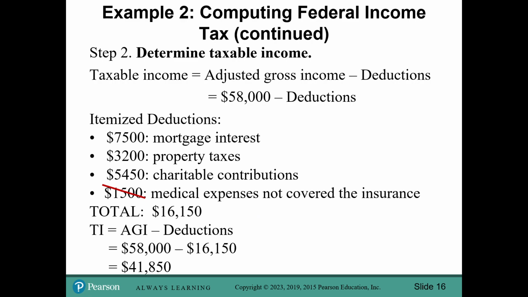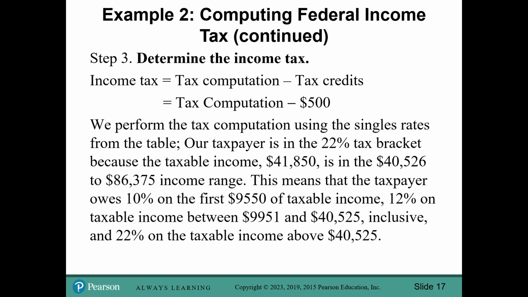Alright, so now taxable income equals our adjusted gross income minus our deductions. So we take that $58,000 and subtract the actual itemized deductions that do qualify. We subtract that $16,150 and we get $41,850 of taxable income.